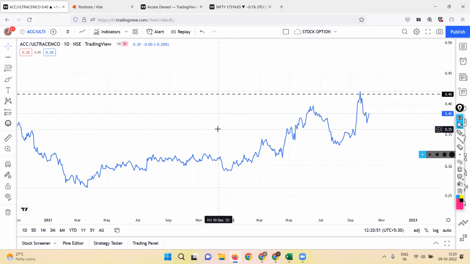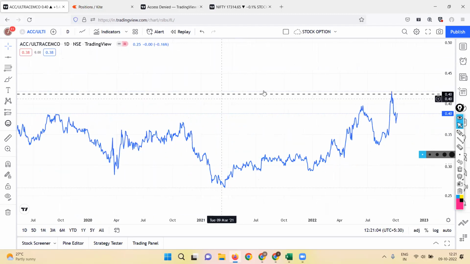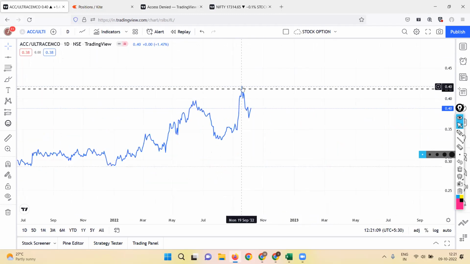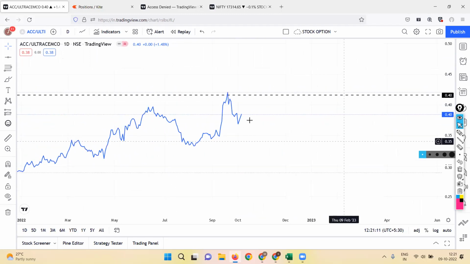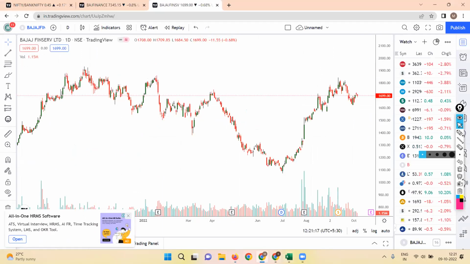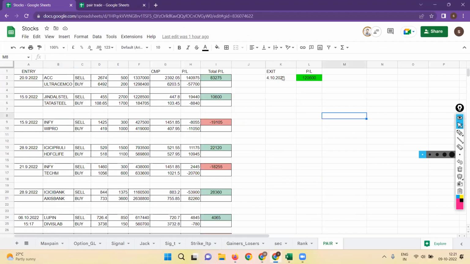Compared to previous historical data, the ratio went to 0.40 and then came down. There was one opportunity on 18th October, one on 19th April, and one in June 22nd. The latest opportunity was 20th September, so I closed that pair and exited on 4th October.